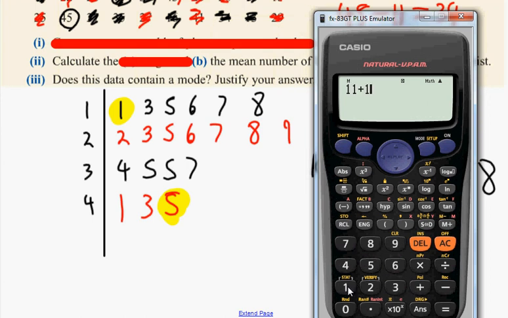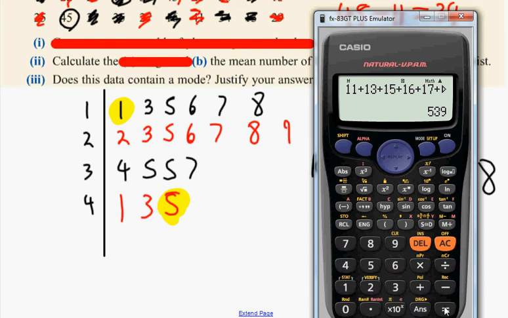So 11 plus 13 plus 15 plus 16 plus 17 plus 18 plus and so on. The total is 539. What do I need to divide that by?